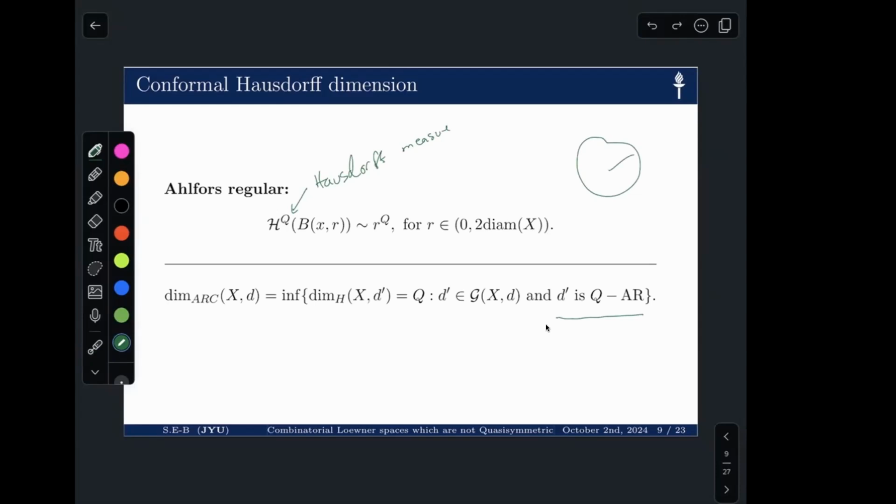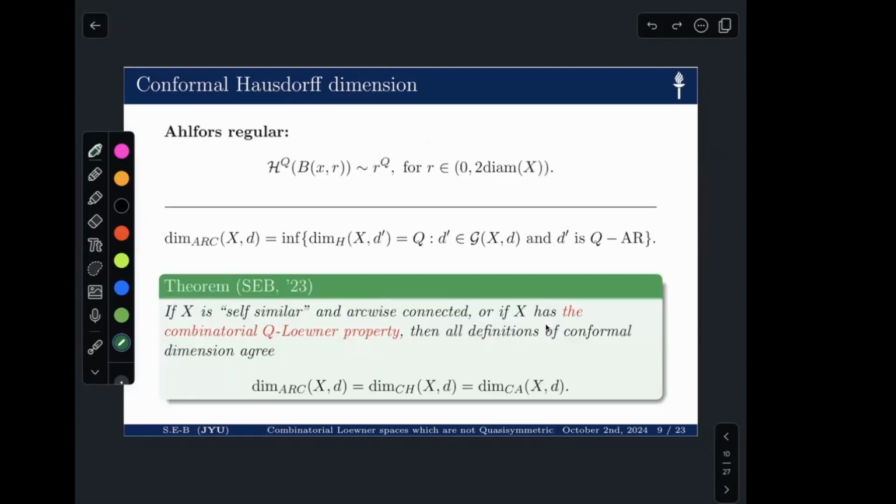Well, this notion has also been talked about in this seminar, and there are different definitions of it. But I'll mention one thing before going on. Last year, I showed a result that all the different definitions of conformal dimension agree. So whatever definition of conformal dimension you've learned, they agree with each other, at least under fairly mild assumptions that will be the main focus of my interest here today, namely arcwise connected spaces that are self-similar in some sense.